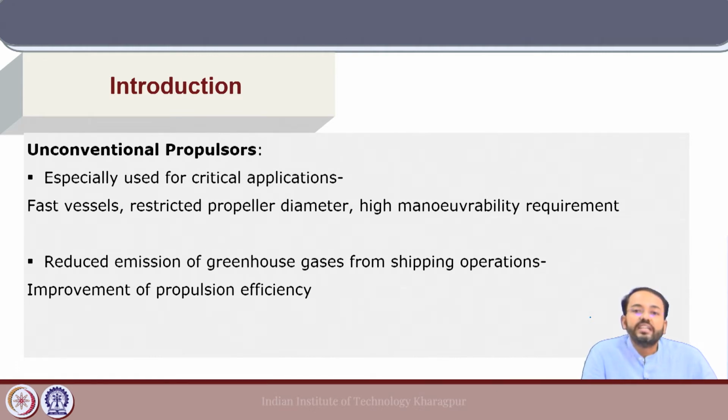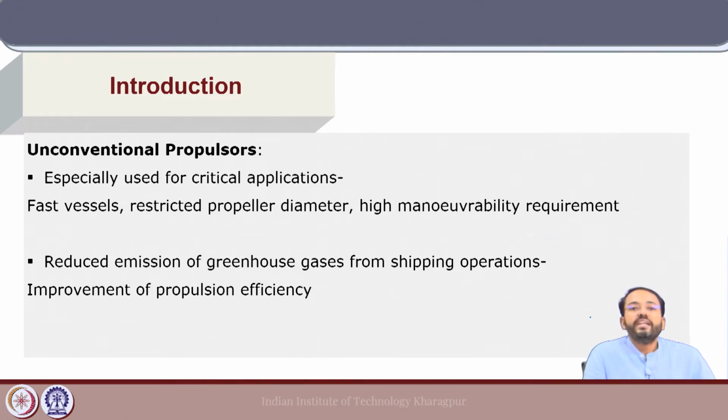For general application conditions, conventional screw propellers are the most widely used propulsion devices in the marine industry. But for certain specific applications, especially where the diameter is restricted in shallow draft conditions or for requirements of high thrust or maneuverability necessity, these unconventional propulsors of different designs find their application.